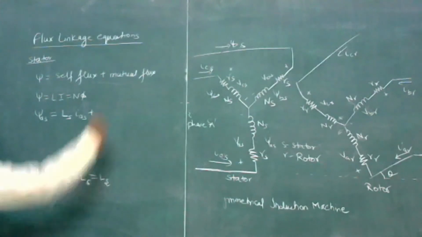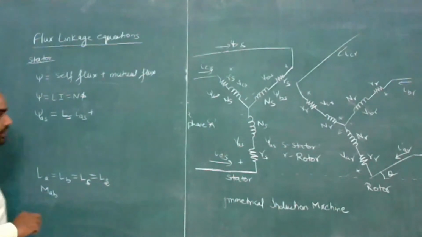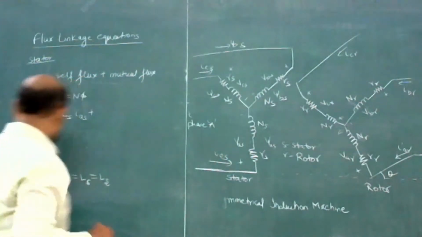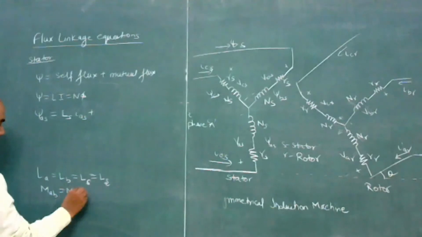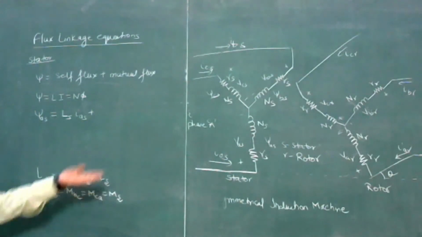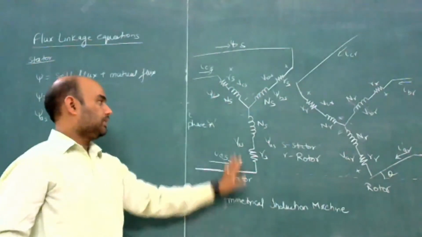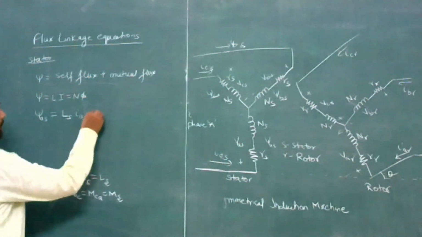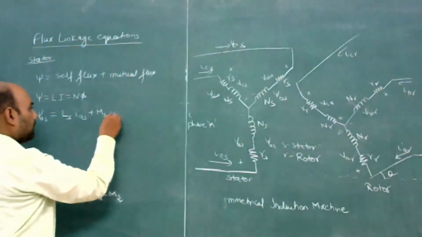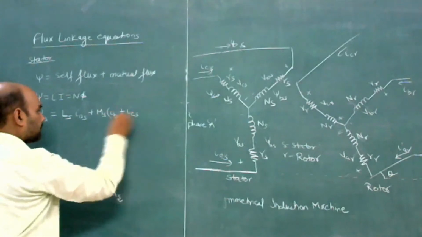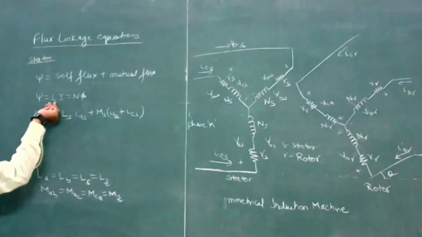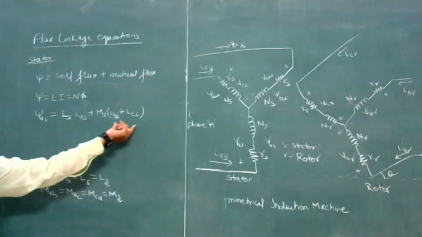Let the mutual inductance between phase A and phase B, MAB, be equal to MBC, equal to MCA, equal to MS. So let the mutual inductance between any two phases of the stator winding be MS. So when current flows in the B phase and C phase, this will be MS times IBS plus ICS.